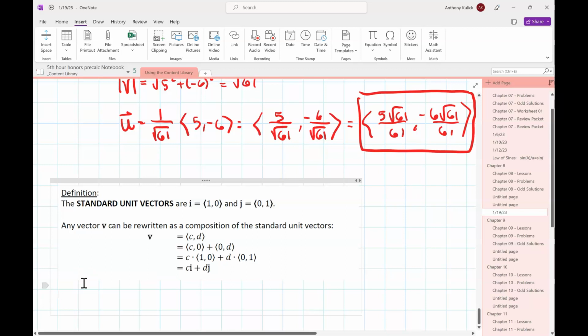We call the vector 1, 0 i, and the vector 0, 1 j. And what these standard unit vectors allow us to do is you can now take any vector and rewrite it as the sum and scalar product of unit vectors.